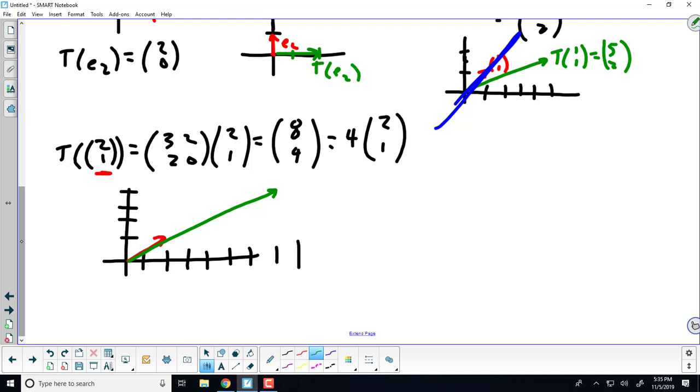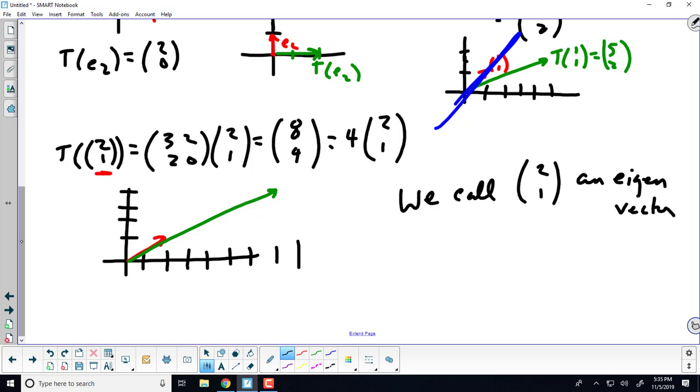That makes it a special vector of this transformation. So we call the vector 2, 1 an eigenvector, because when we plug it into the transformation, we just get a multiple of that vector out.